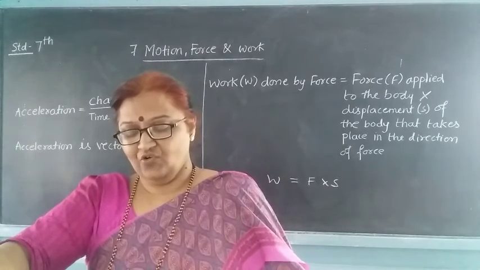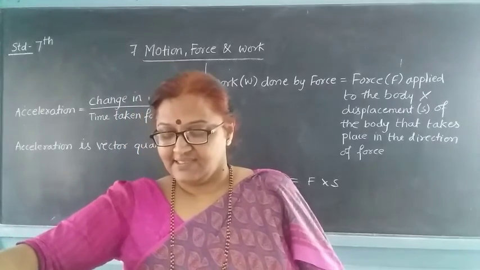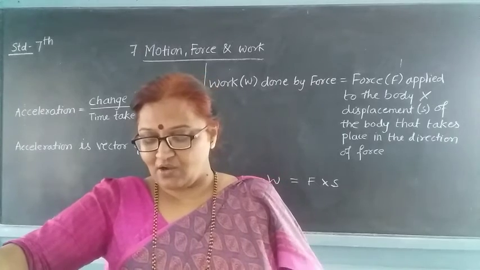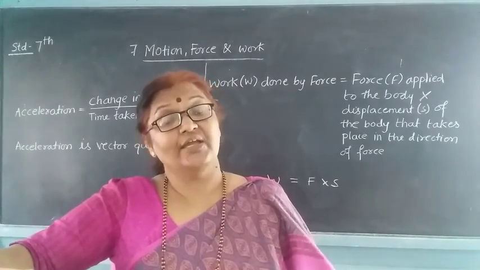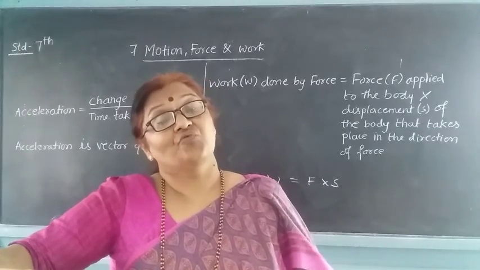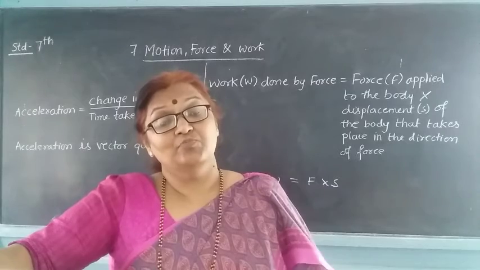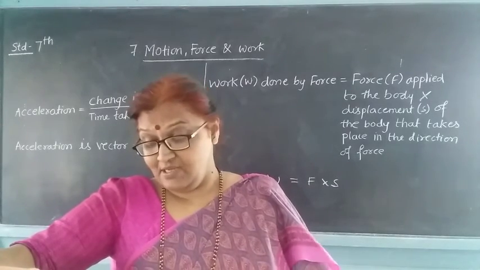So, if a force of 1 Newton parallel to the surface of the table is applied to the wooden block on the table, then the block will be displaced by 1 meter. That means if we apply a force of 1 Newton to a block, then the block can do a displacement of 1 meter.